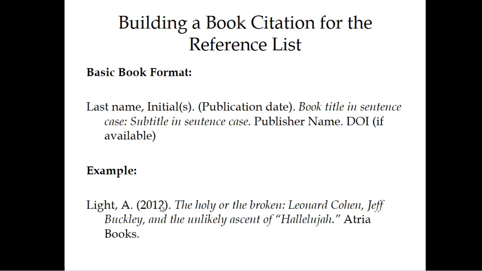And then below here is an example of a very basic format for book citations. Again, here you see the last name, comma, first name initial, publication date in parentheses. You have the name, the title of the book, and again, the only things that are capitalized are proper nouns, and everything else is going to be lowercase.